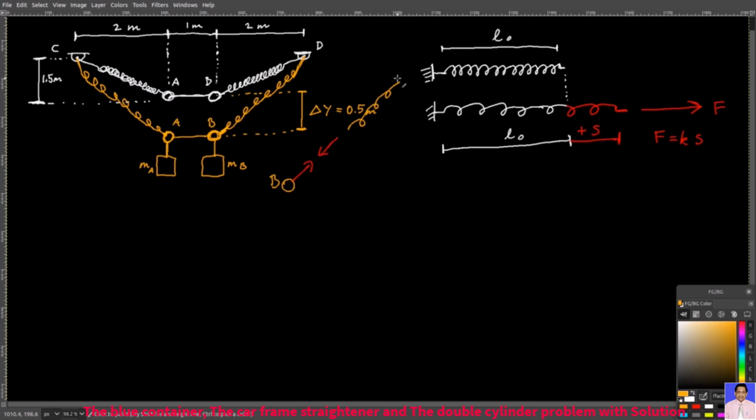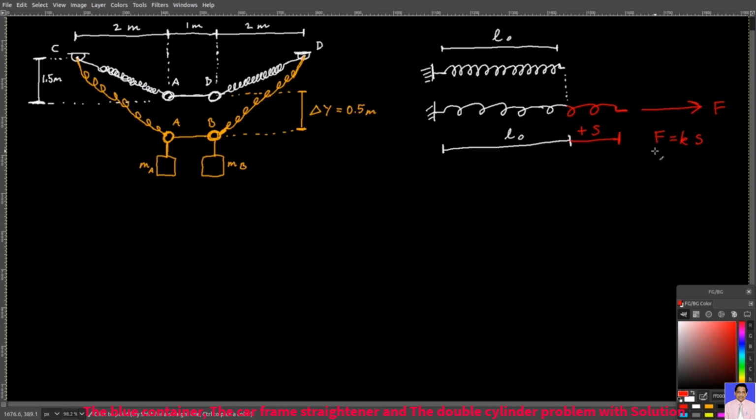Just like from the spring's point of view, the force is in this direction here. And then of course, you have a force with the same magnitude here, and then also here, and this is this point D that you have here. So Newton's third law still holds.